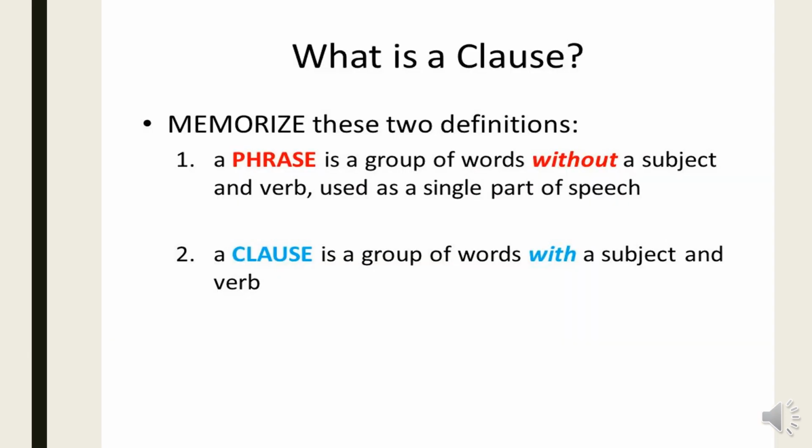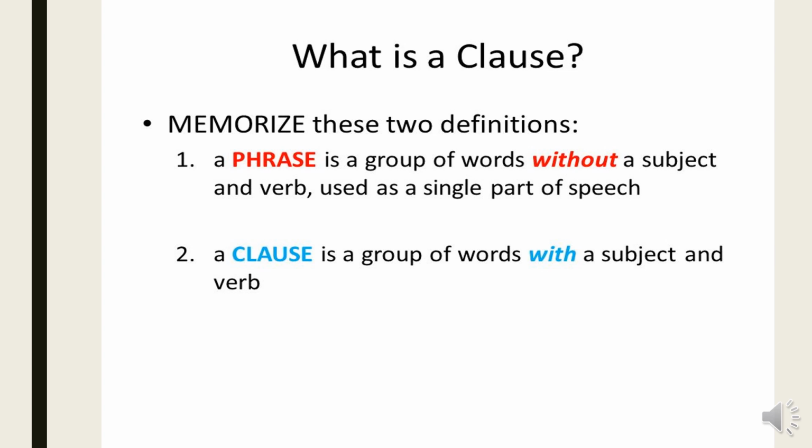First of all, we have to start with the definition of a clause. What is a clause? A clause has two definitions, or in other words, keep in mind two definitions. A phrase is a group of words without a subject and a verb used as a single part of speech.